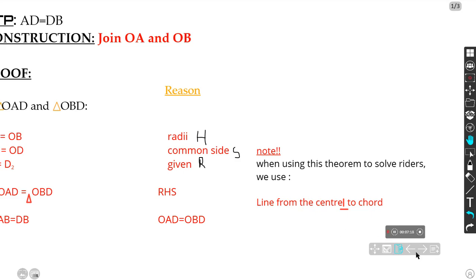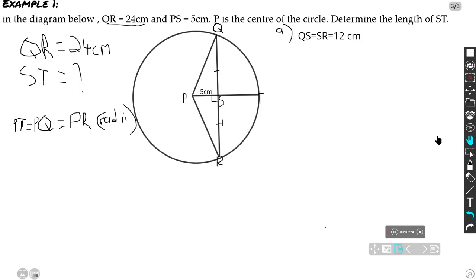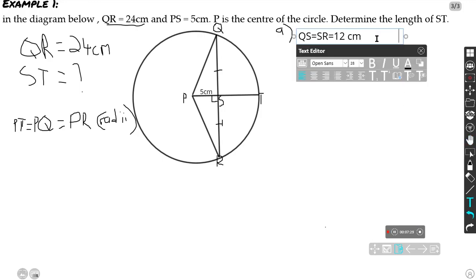Since we have already proved it, the reason here is going to be, in brackets, line from the center. I'm not going to write it short, because this is the center, because I won't have space.